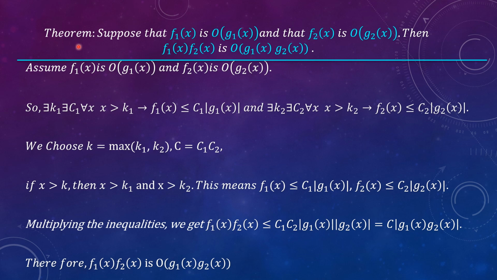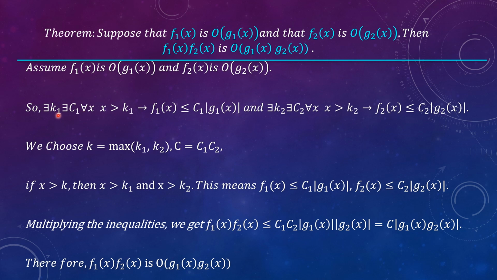Okay, last theorem. Suppose that f1 is big O of g1 and that f2 is big O of g2, then f1 times f2 is big O of g1 times g2. Assume f1 is big O of g1 and f2 is big O of g2. So we have the two inequalities.